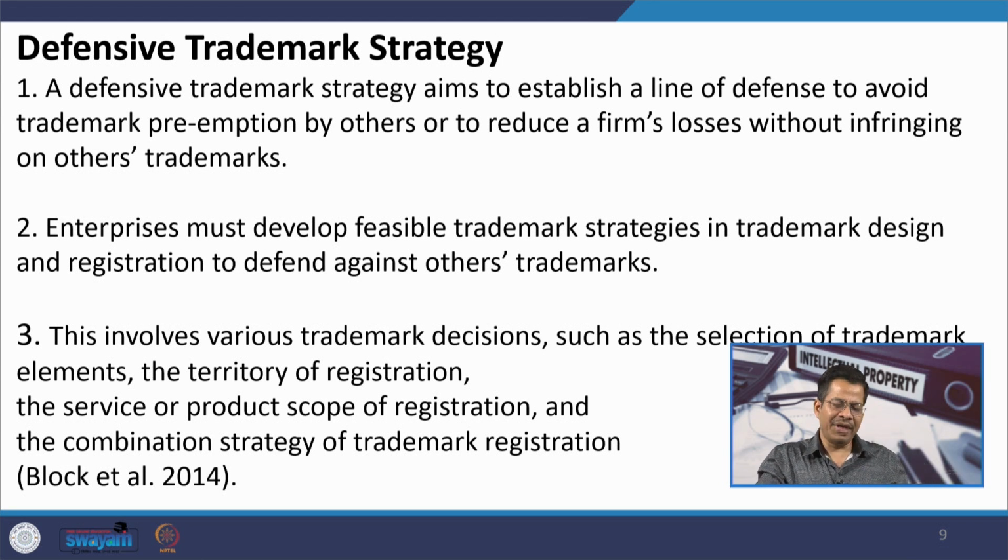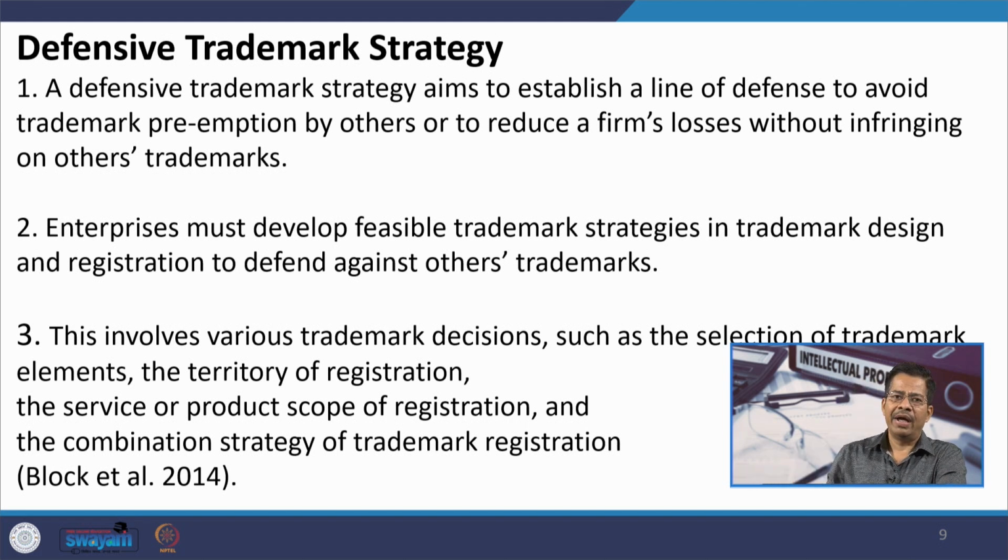One thing may be clear to you with this discussion: offensive strategy requires more resources, and defensive strategy works with a limited amount of resources. So, whenever organizations have limited resources, they go with defensive strategy, and therefore, I say that SMEs, startups, individuals, all of these go with defensive strategy.